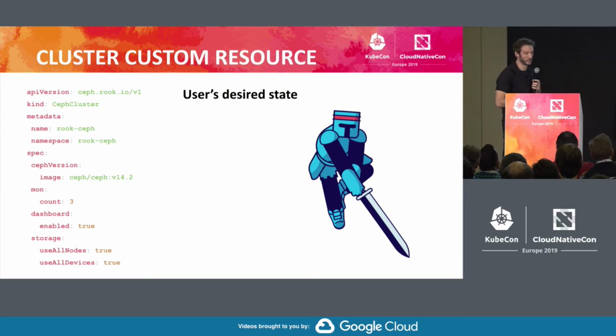We have the image, which is actually critical because it states what Ceph version we want to use. These images are provided by the Ceph team and are available on Docker Hub. What's really important about that is that these images are built every day. So whether there is a new Ceph version or just a change on the base OS, we will always build a new image out of that.